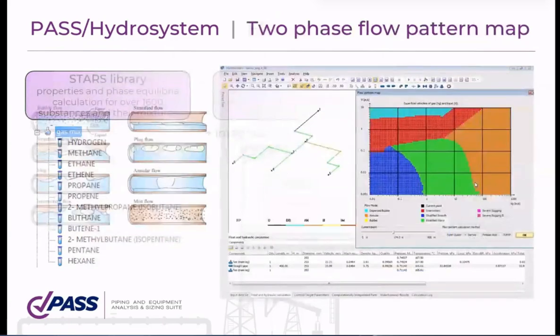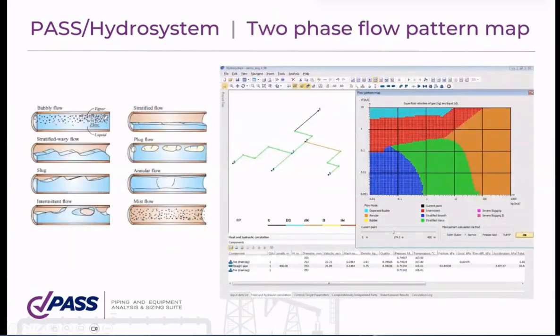In HYDROSYSTEM, we have very strong capabilities of two-phase flow calculation, two-phase gas-liquid flow. We not only can calculate the pressure drops, the velocities, etc. We can also calculate flow patterns for each piping component, and draw a special two-phase flow pattern map on which you can understand where your piping system is working and what to do if your piping system is working in a not desirable, not preferred two-phase flow pattern.